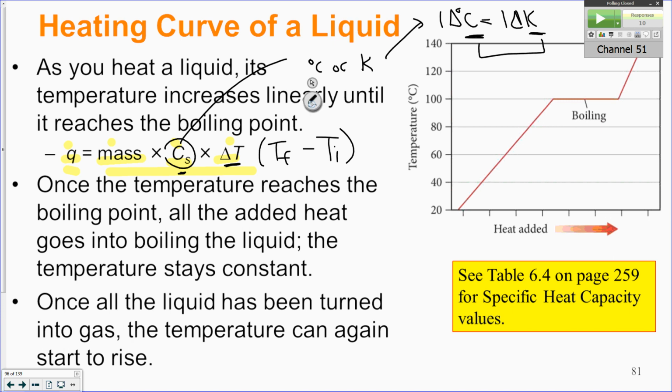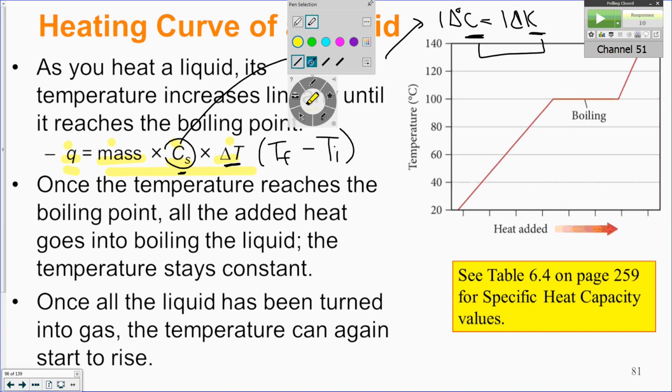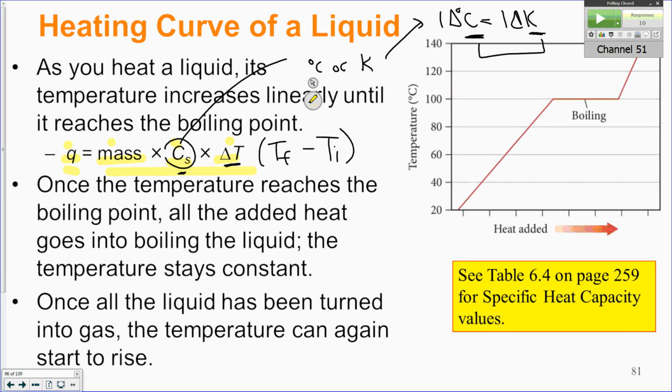Now, we looked at last semester simple temperature changes. When I say simple, you stayed within a given phase. So if I took some water that started at 20 degrees and I applied some heat to it, we looked at the changes that occurred as it went to 60 degrees, but it still stayed liquid. But what happens when you boil it?